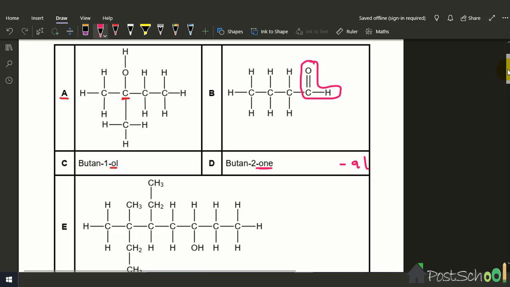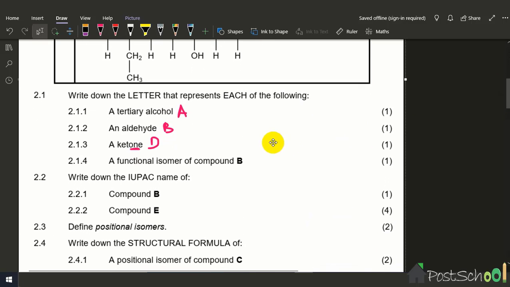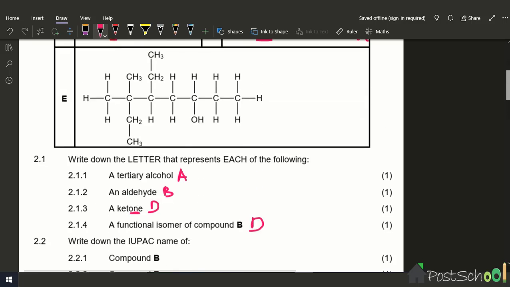It's simple. For the functional isomer of B, I change the functional group: I take this and place it here, replacing this, I put a double bond to O and then here it becomes H. That means a ketone is formed, that one, D. So the answer is D, because it gives but-1 2 3 4, carbon number 2, where we changed it. I change the functional group and put it here, giving butan-2-one, so the answer is still D, because I said change the functional isomer of B.